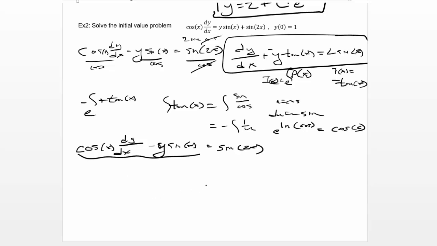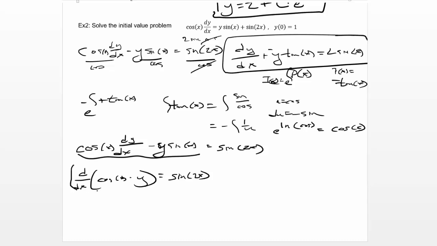The reason we checked for this integrating factor is that it tells us the left-hand side can be rewritten as the derivative of the integrating factor times y. And that should be equal to what we got when we multiplied 2 sine x times cosine, which is, again, what we started with, sine of 2x.